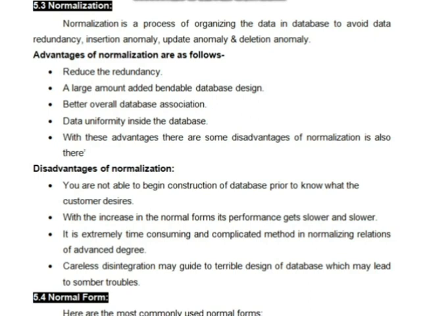Next, it is an extremely time consuming and complicated method in normalizing the relations of advanced degree. If the degree of the relationship is high, applying the normalization rules will be a little bit complicated and it will take time. It is a time consuming process.